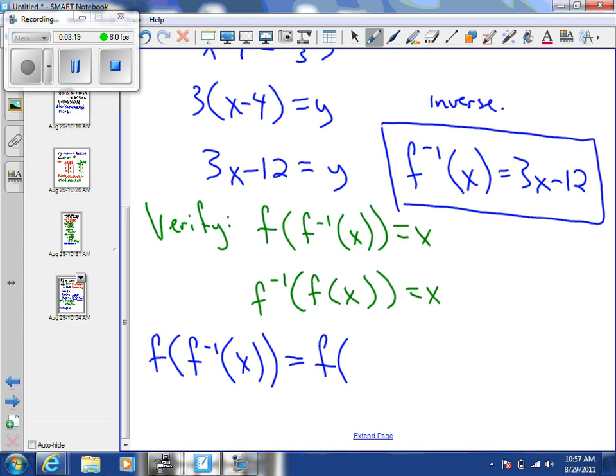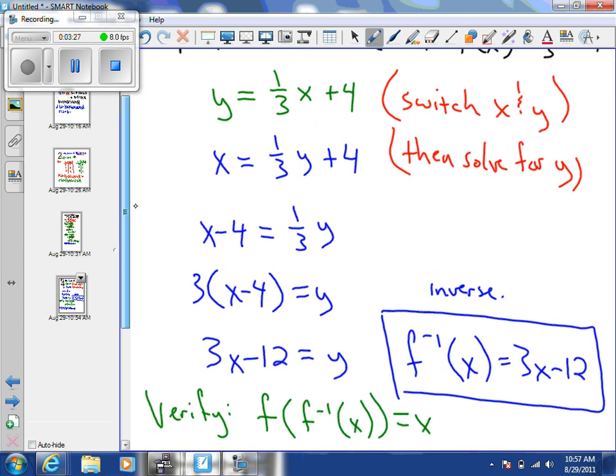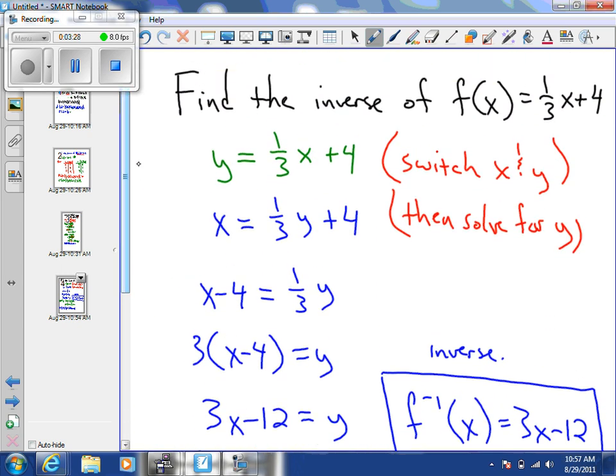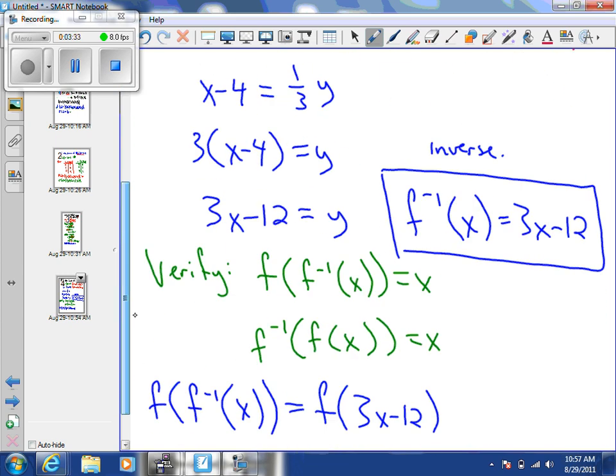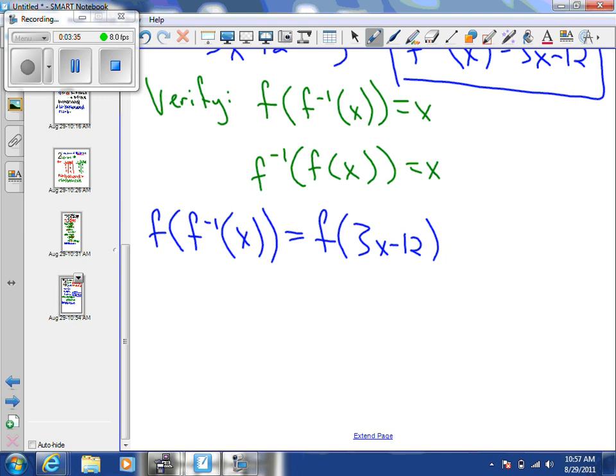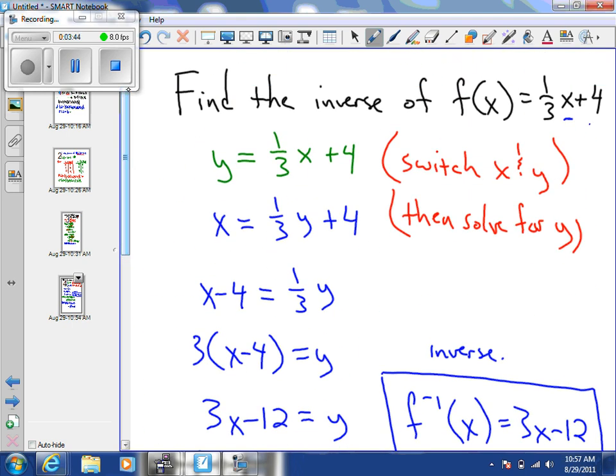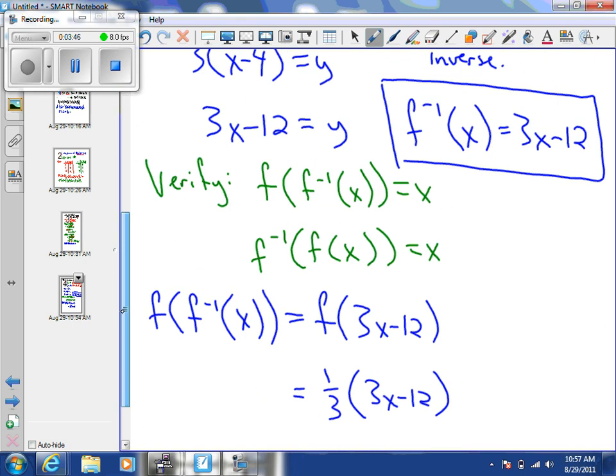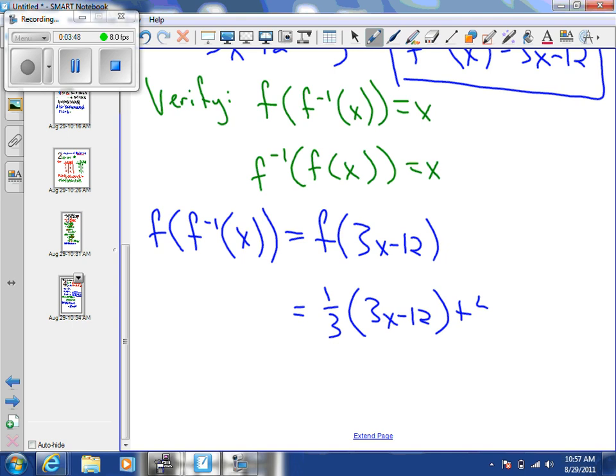What that means is I'm going to take f of 3x minus 12. So 3x minus 12 is going to replace x in the f function. I'm going to have 1/3 times the quantity 3x minus 12, that's like the 1/3 x, and I still have plus 4 at the end.